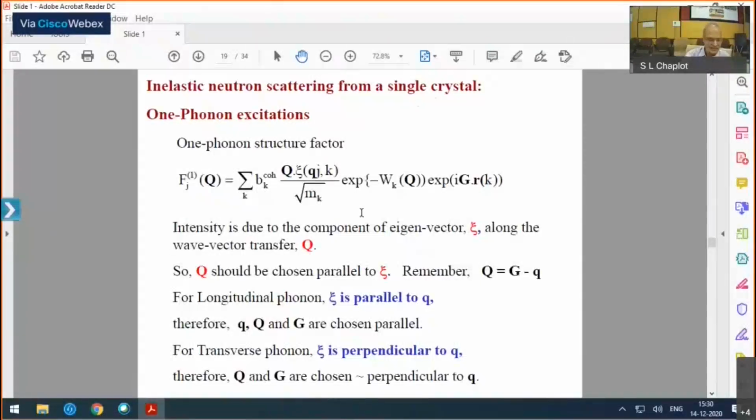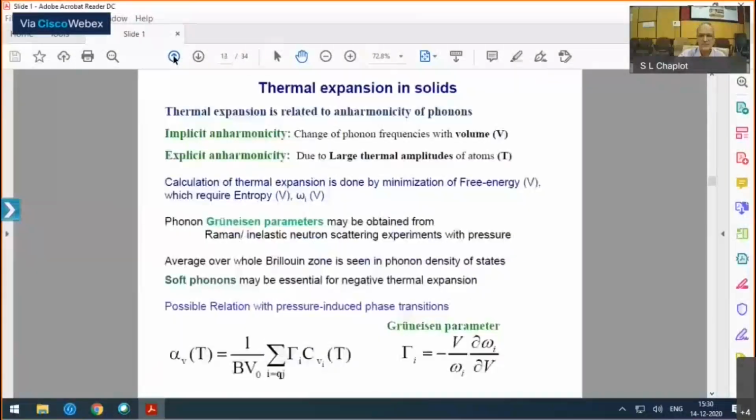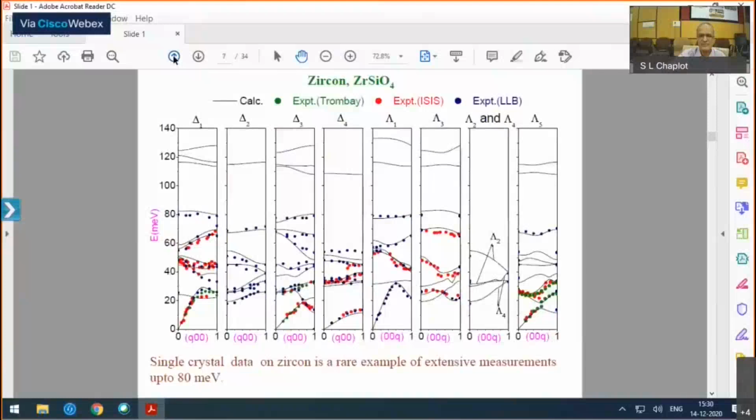Okay, that's another very important issue, that is about what is the use of group theory in phonon measurements. Okay. See, here's a typical example, the crystal I just mentioned.